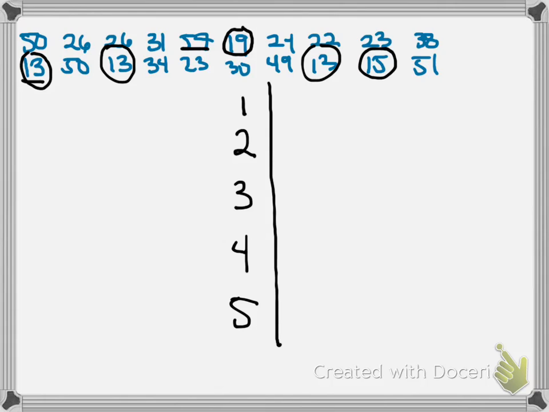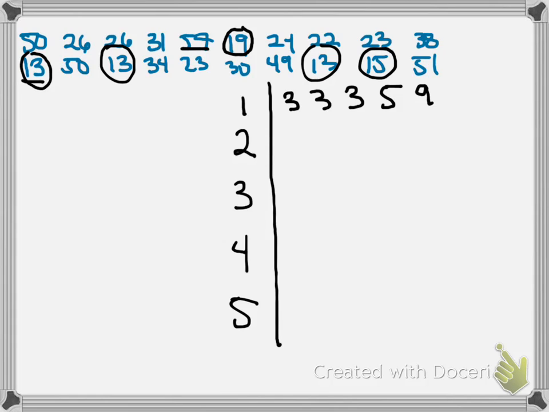And even if there's a repeat, you write one leaf for each data point. So we've got 3 13s that show up in our data set. So that means I'm going to write 3 leaves of 3. And then we have 1 leaf of 15, so I'm going to write a 5. And then we have 1 leaf of 19, so I write a 9 there. So those are the 5 data points that fall between 13 and 19.